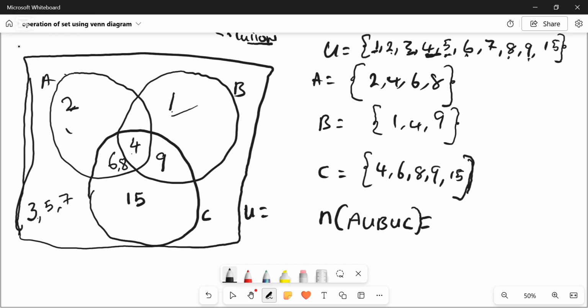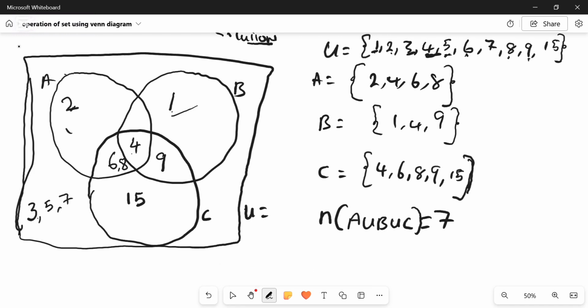So let's count it together. This is 1, 2, 3, 4, 5, 6, 7. So the number of elements in A union B union C is equal to 7. Alright, so since we have this now, let's work with our formula.